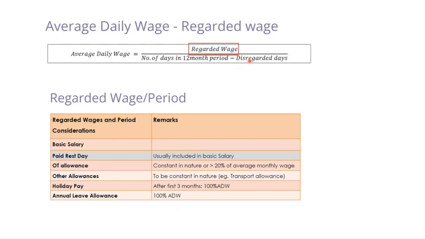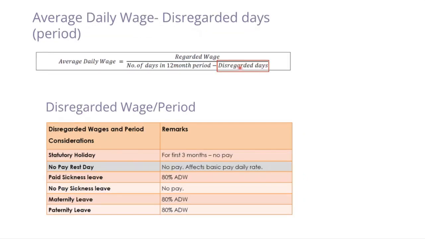Then let's talk about the disregarded wage, or the disregarded days. The disregarded wage period is basically the statutory holiday. For the first 3 months, when you're not receiving the statutory holiday payment, that is considered as disregarded days.